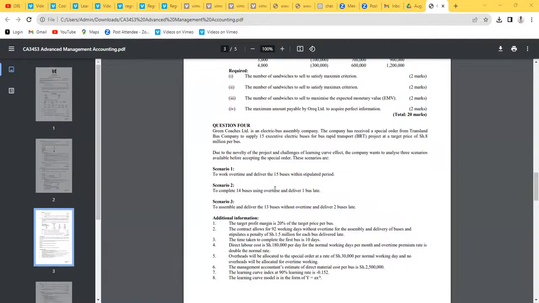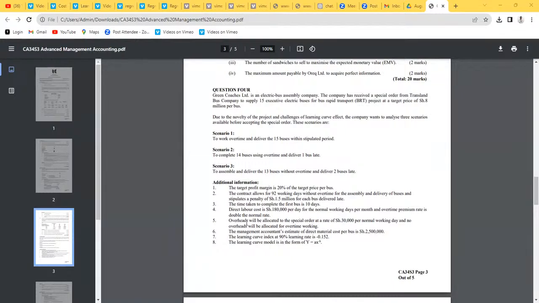So let's look at the consequences. Number one, the target profit margin is 20% of the target price per bus. The contract allows for 92 working days without overtime for assembly and delivery of buses and stipulates a penalty of 1.5 million for each bus delivered late.